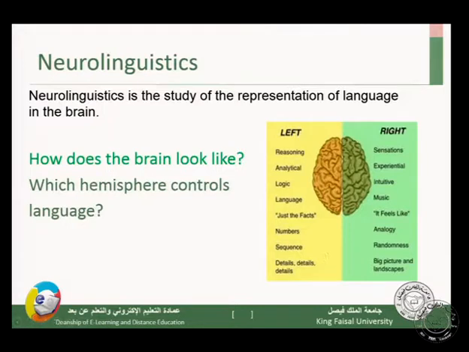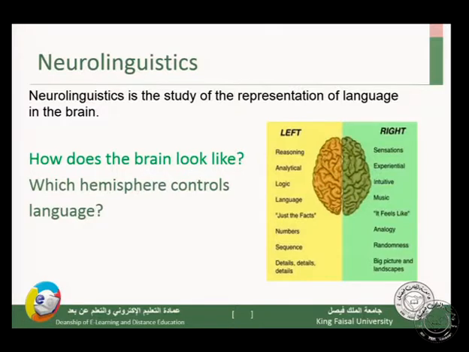What we mean by hemisphere is, for example, if you have a bowl and divide it in two parts, you have a hemisphere on the right and a hemisphere on the left. The Earth has two hemispheres: the north hemisphere and the south hemisphere. Sphere means bowl, hemi means half.